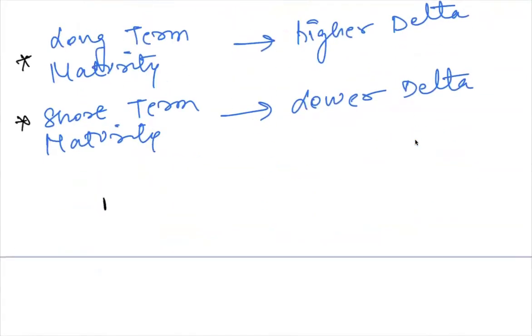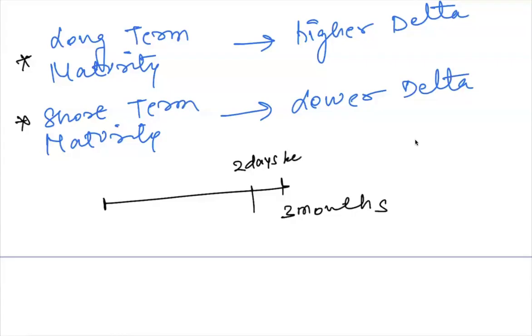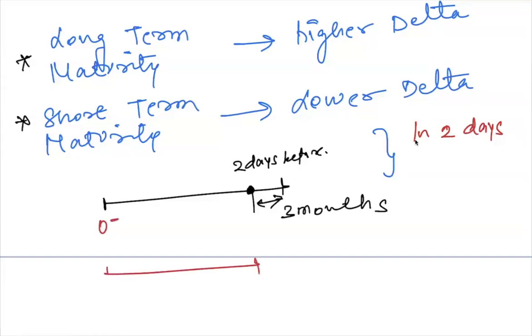Let's say you are here. 3 months from now, your contract is expiring, and you are standing just 2 days before. In 2 days, you know that the stock price won't move that much, right? Let's say on the scale of delta, you are on the money.